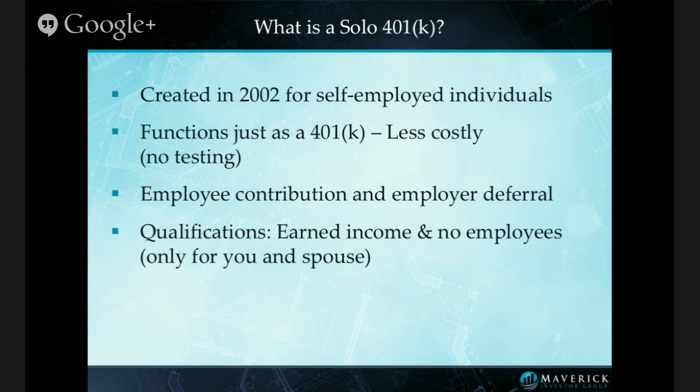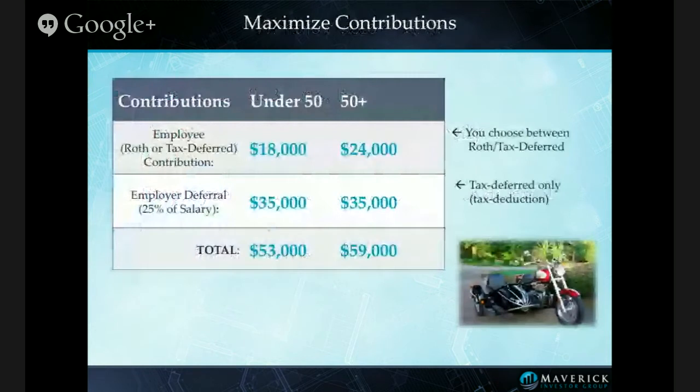Now, with the solo 401k, there are much higher contribution limits. With a Roth or traditional IRA, you're able to contribute $5,500 per year. With a solo 401k, you can contribute up to $18,000, up to 100% of your active earned income, and you have your choice of making that an after-tax Roth contribution or a pre-tax tax-deferred contribution.